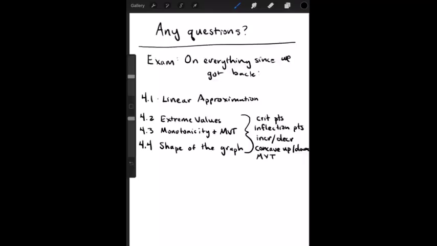That's where most of that stuff sort of comes from. 4.5 was L'Hopital's rule. And that's pretty much what there was to that section. We skipped 4.6, so none of that.